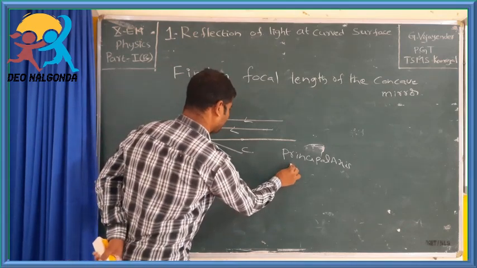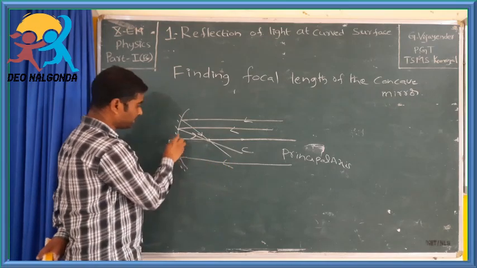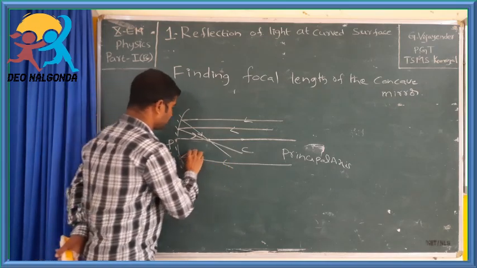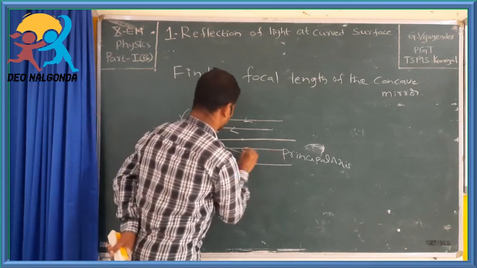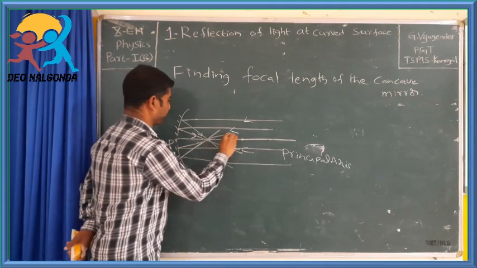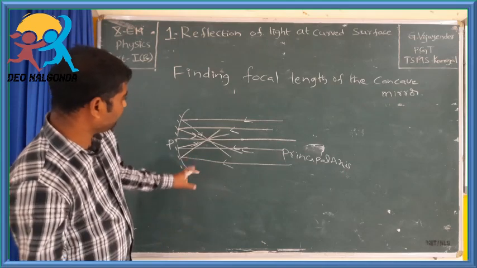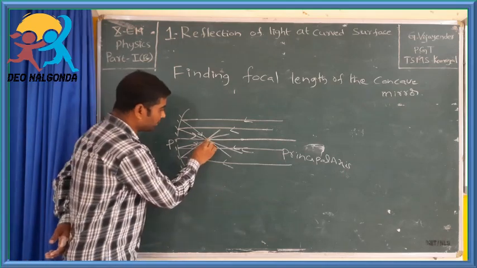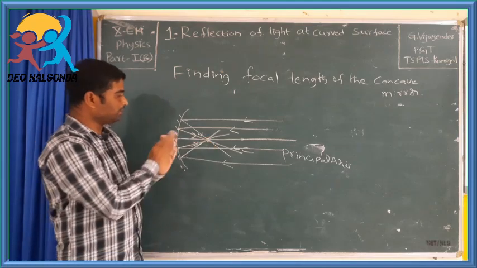This side also, the incident ray is incident on the concave surface and reflecting. If we observe these reflected rays, all reflected rays are intersecting at a point or converging at a point.